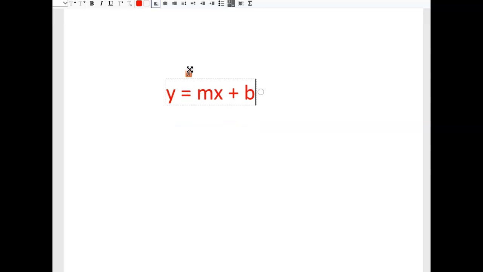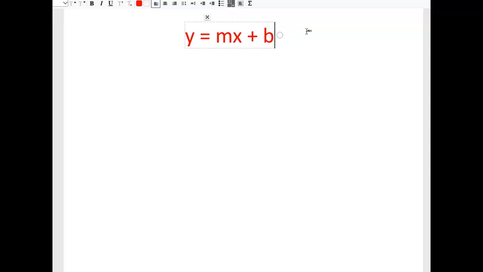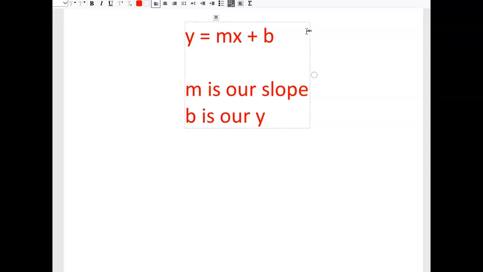We call y equals mx plus b slope-intercept form because the m is our slope and the b is our y-intercept. Recall that the y-intercept is the point on the y-axis where x is 0.